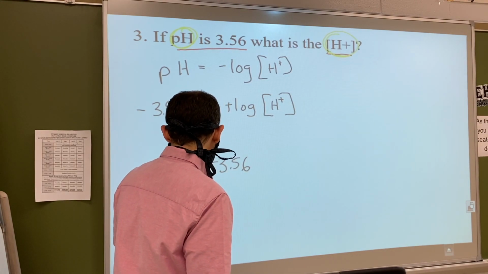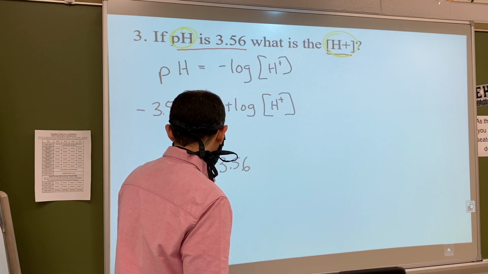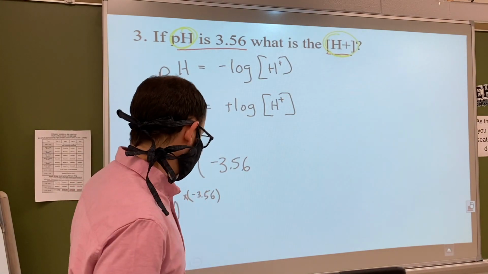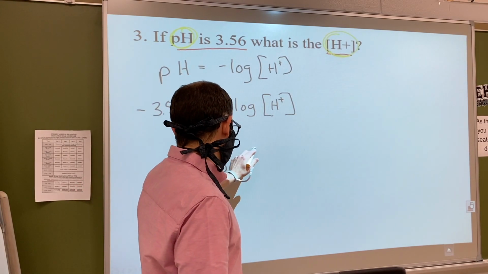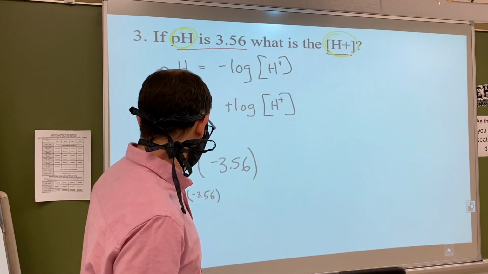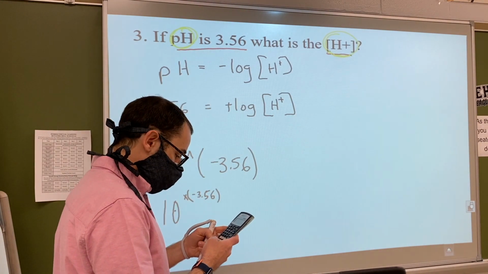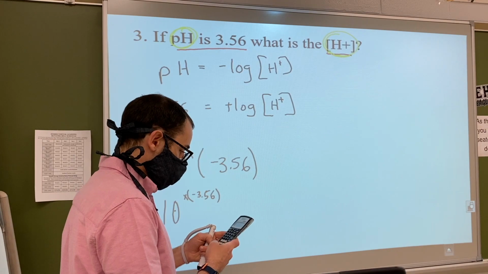Some calculators make the negative 3.56 very tiny up at the top because it's doing this anti-log thing. Either way, that's cool. So plug that in and let's see what we get. So we do anti-log negative 3.56.